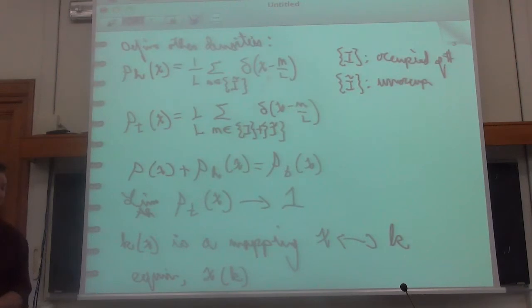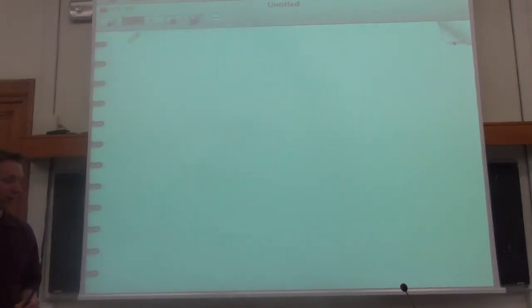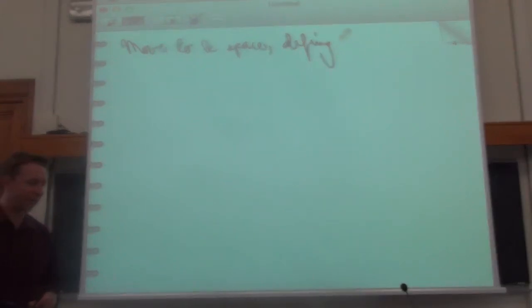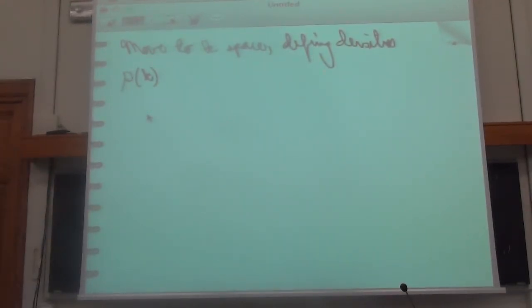Now we can move to k space, defining densities. Now, rho of k, so be careful here because it's an abuse of notation. I use the same symbol, rho, for a new function. It's differentiated from the old function just by its argument. This is rho of k. It will now be a density of particles, but in rapidity space.